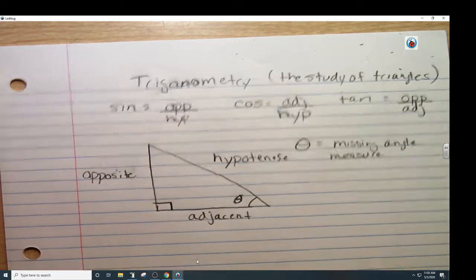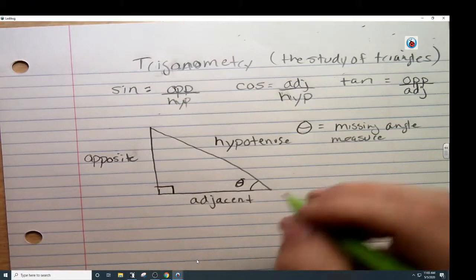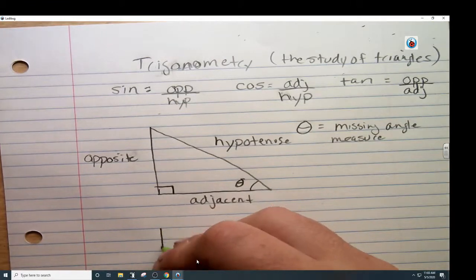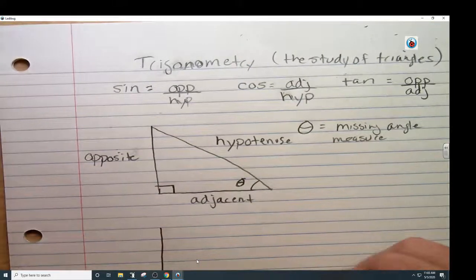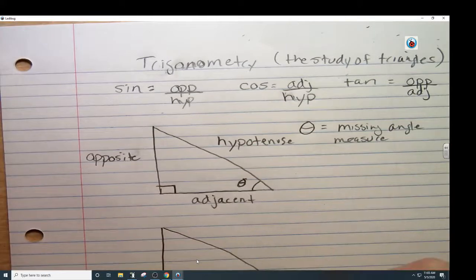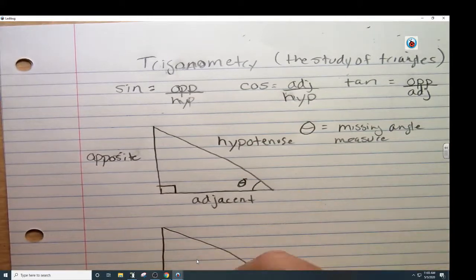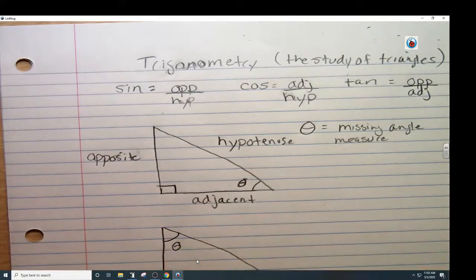Now let's talk about it again. If we have another right triangle, the side measurements really don't matter, but we're going to put theta in a different place. Theta is always going to be one of your complementary angles, one of these two. Now, if theta is here, some things change.